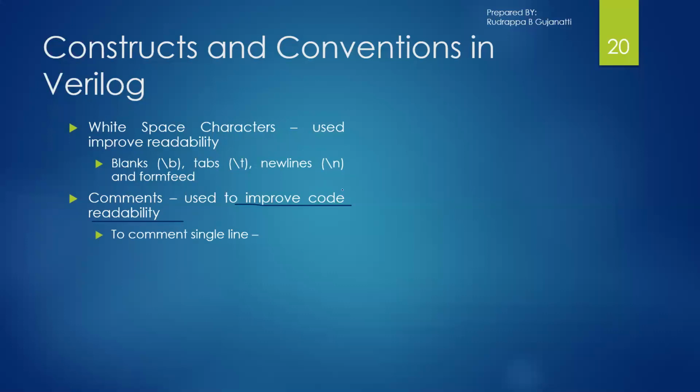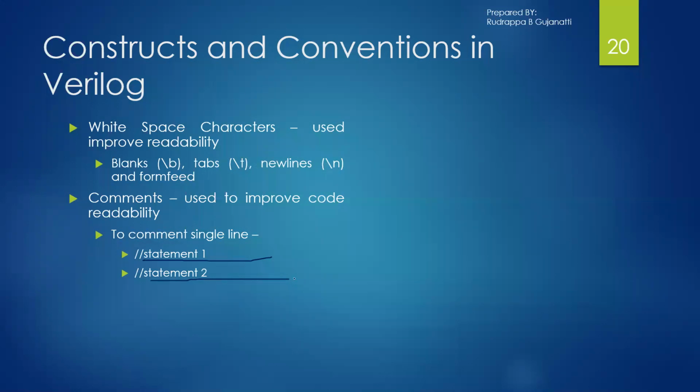Now if I want to comment a single line in Verilog, I make use of double forward slash and then put the statement. This is just an example of what I'm showing. Double forward slash, whatever comment you want to put over here, double forward slash again, whatever comment you want to put over here. This comments only the single statement. If you press enter and go to the next line, it won't be under the comment.